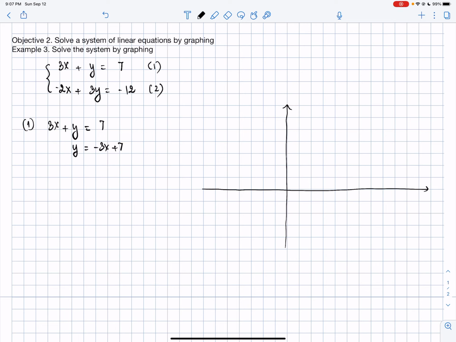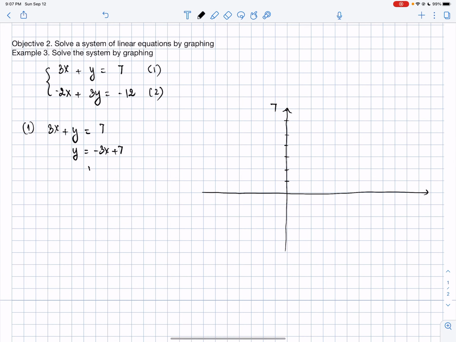Okay, so I use the slope and point to graph. So 7, 1, 2, 3, 4, 5, 6, 7. So 7 is the y-intercept, and then the slope is negative 3 over 1. It's like go down and go to the right.